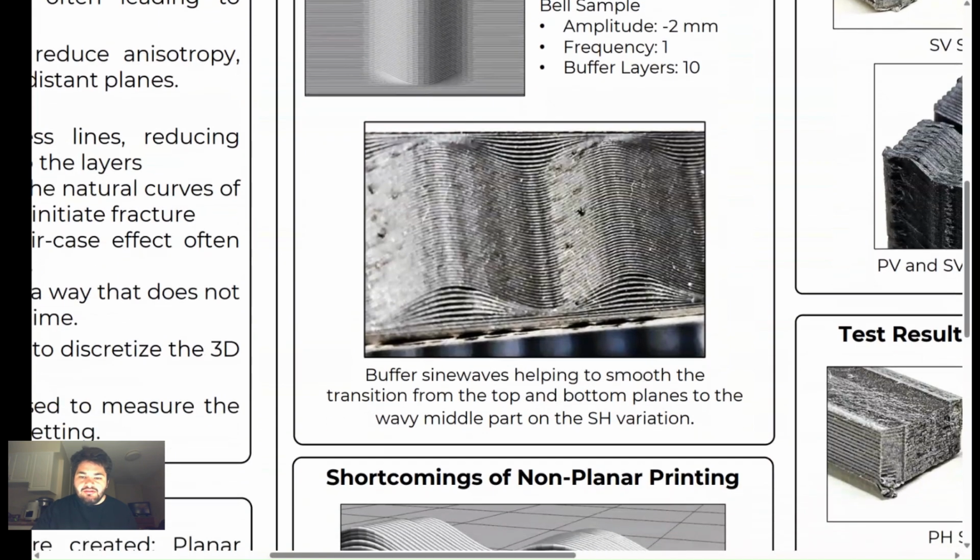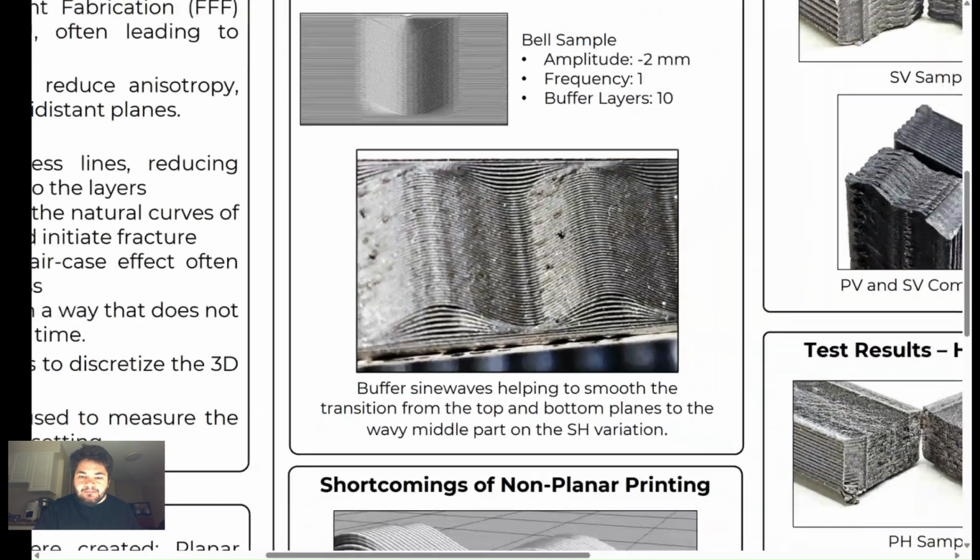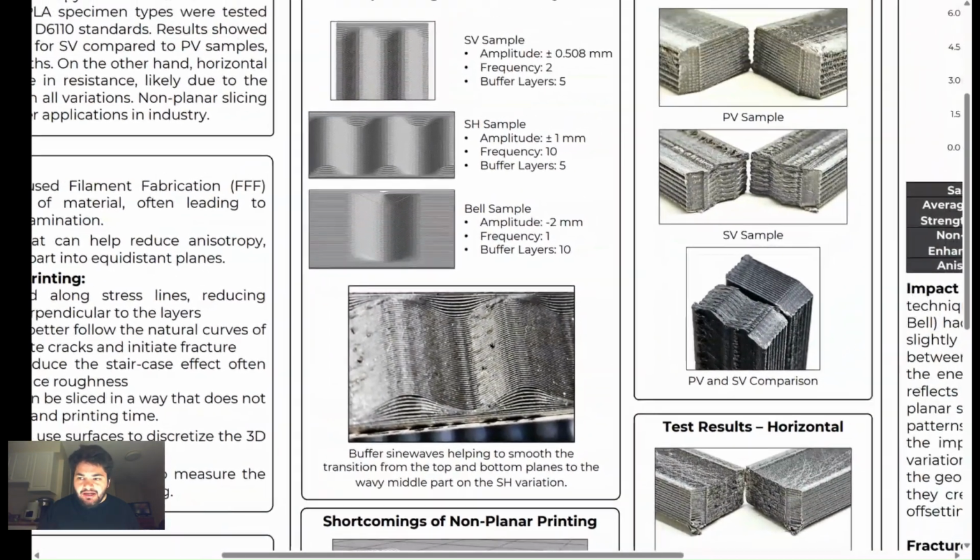In order to fabricate the parts, I had to devise buffer layers, which are intermediate layers between the slicing I wanted and the flat part on the bottom, which is the build plate, and on the top, because the specimen for the Charpy impact test is a rectangular prism, so it needs to be flat on the top as well. So I had to compensate for those layers. And we did the impact testing with the 10.8 joule hammer.